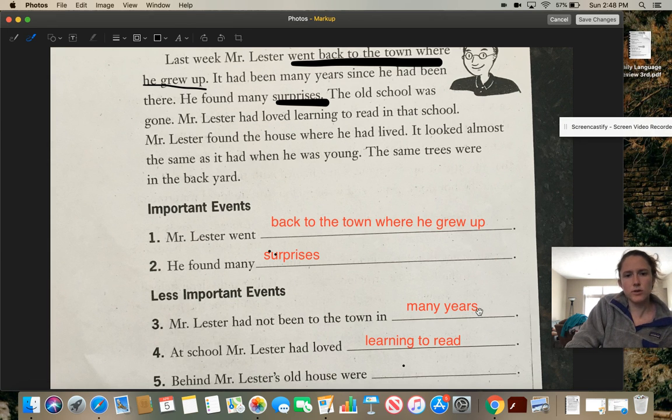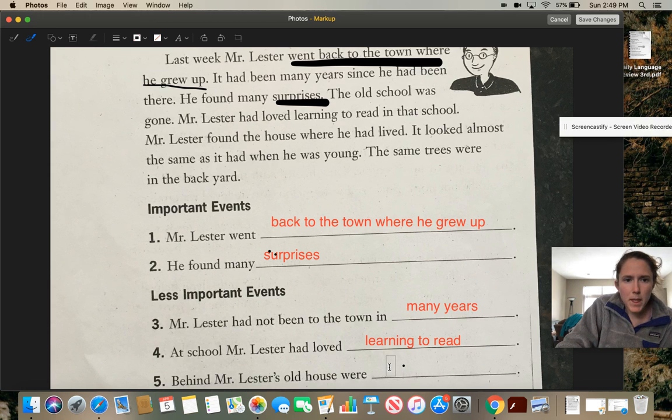Behind Mr. Lester's old house were what? Behind Mr. Lester's yard were the same trees that he had grown up with. So let's see, we can type that in.